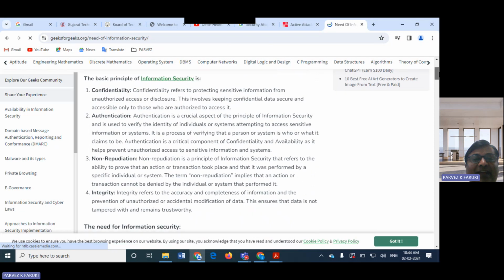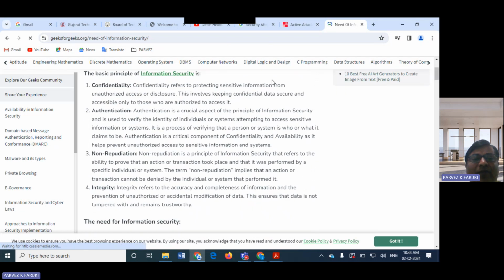So in that sense, the basic principles of information security, the attributes that we have already discussed in our previous class, we have already discussed these 4 attributes. However, as it's a part of your unit, let's just briefly discuss them.